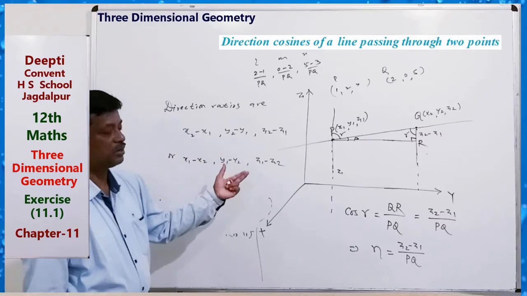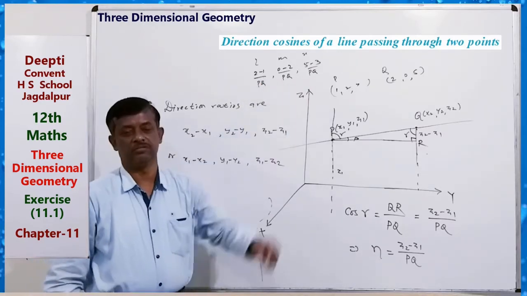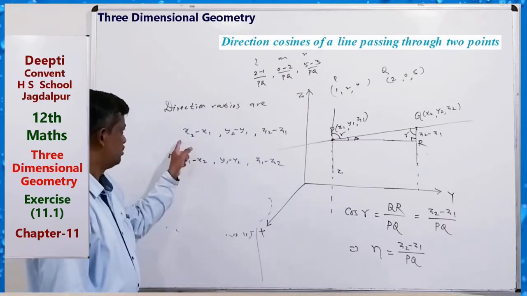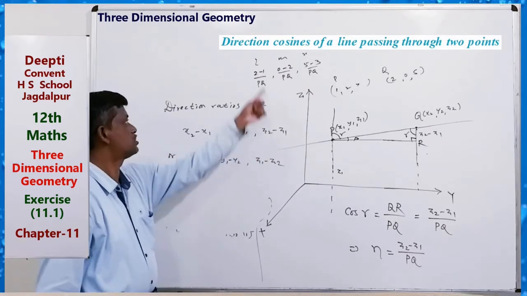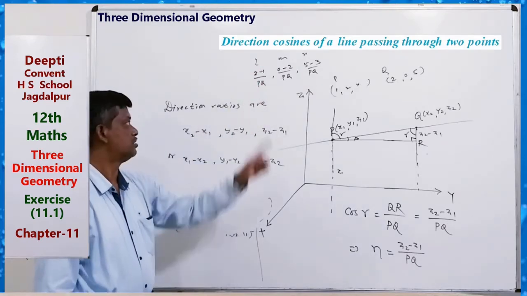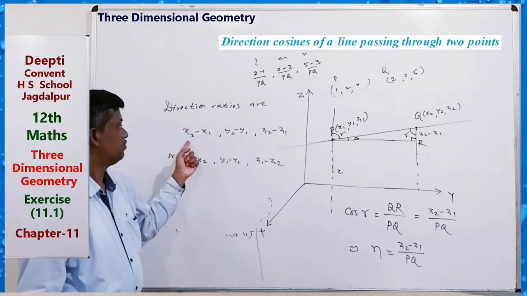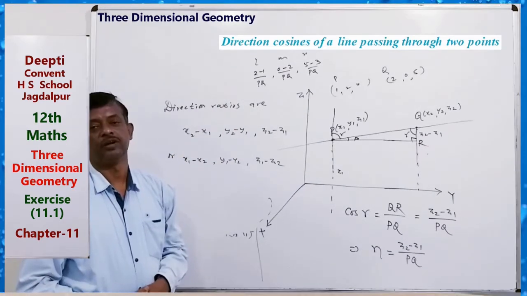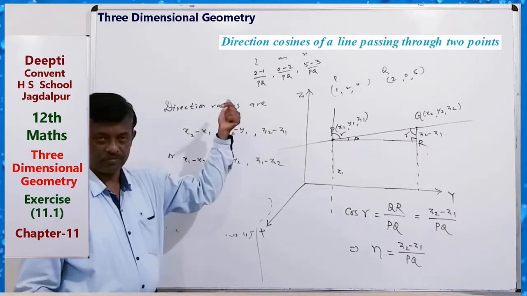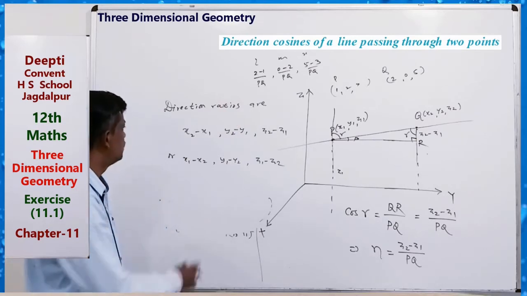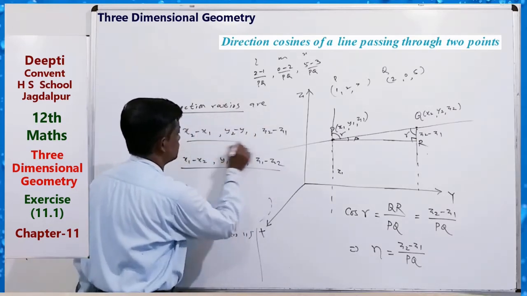Because this is proportional to this, and all have PQ in the denominator, we can remove it. These are proportional numbers to the direction cosines, equal to 1 by PQ. So the direction ratios are either this or this.